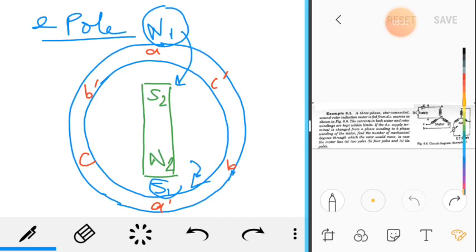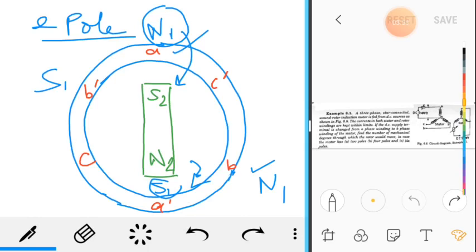After that the question tells us that the phase is changing, so the DC supply at the stator is shifted from A to B. So now A is unexcited and B is excited. The north pole is developed at B and the south pole at B dash.